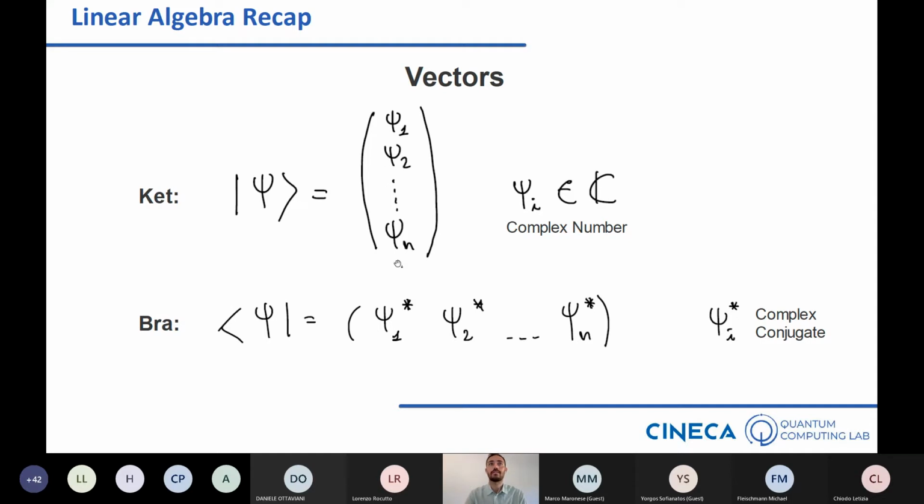It's a vector where each element is a complex number. The bra is the adjoint, or the transpose complex conjugate, which means you put everything on a row and you complex conjugate every term.